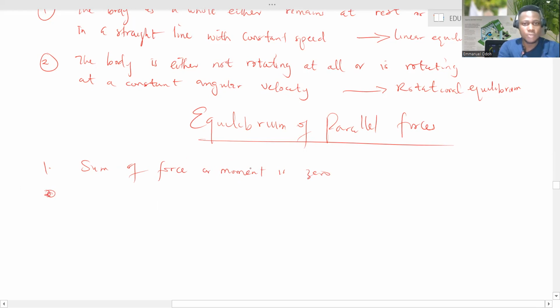Let me explain this. By what we mean is that the sum of the upward forces should be equal to the sum of the downward forces.